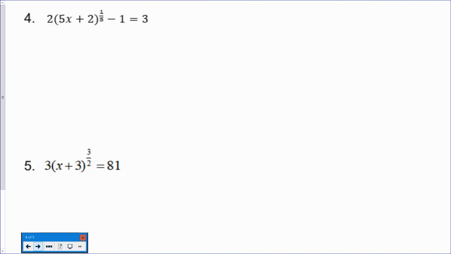Okay, our next two equations here. Both of these examples, number 4 and 5, have rational exponents. So remember we can change that to a radical form. That means that we still need to isolate the rational exponent, or what is being raised to the rational exponent, since that's technically a way we could write a radical. So my first step here, I'll undo addition and subtraction that I have.